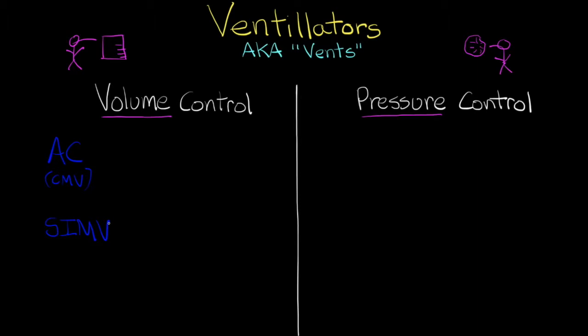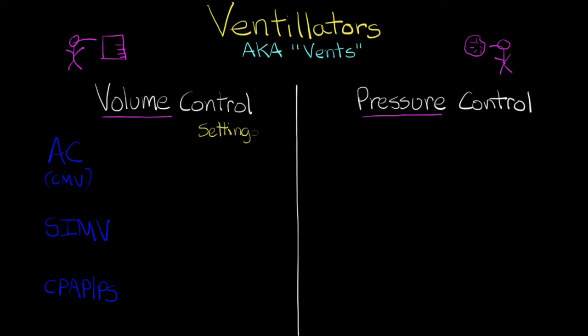This last mode is what we call CPAP, or pressure support. Now that we have these listed out, I'm going to go through each one and talk about some of the settings that you'll find in here. So let's put over here the settings that we have.